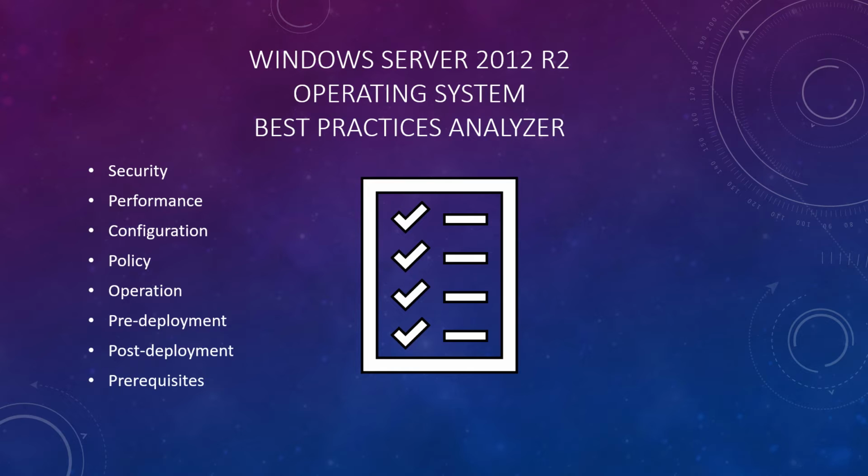It analyzes and goes through and picks out the rules and roles that security should have assigned to it so it functions correctly. Same with performance: it makes sure the correct rules are implemented and everything is configured correctly. Basically, it's kind of like a checklist that goes through policy and operation, pre and post deployment, prereqs and everything.